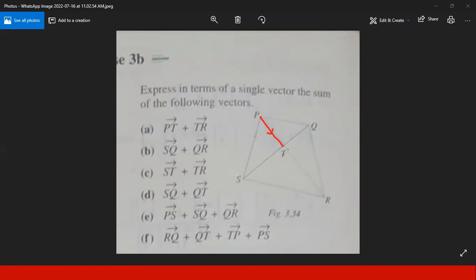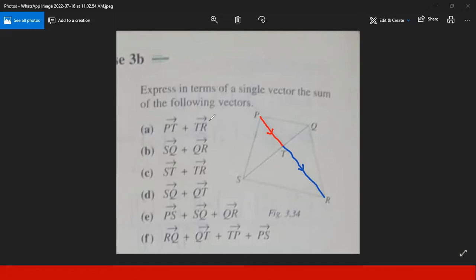And the other vector is TR. This vector is TR. Now you can see that the tail of the second vector, T, is at the head of the first vector PT. That is, both are the same. So the tail of the second vector is at the head of the first vector.